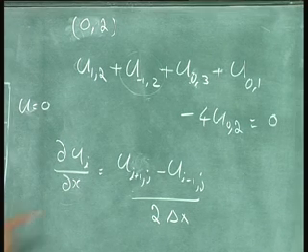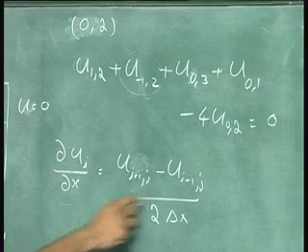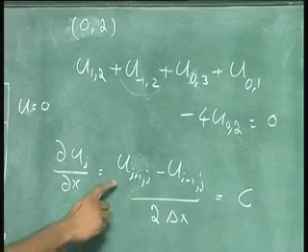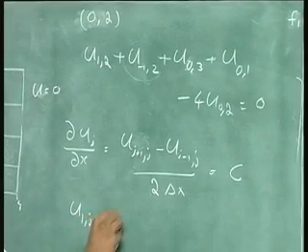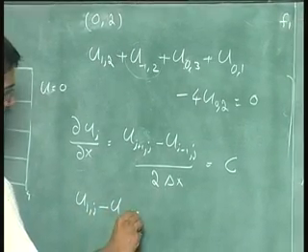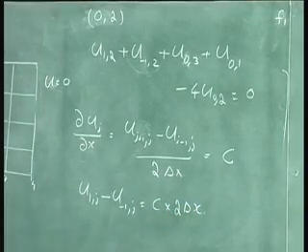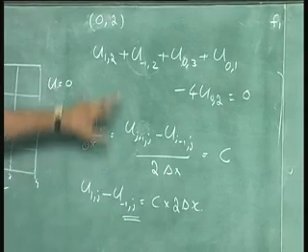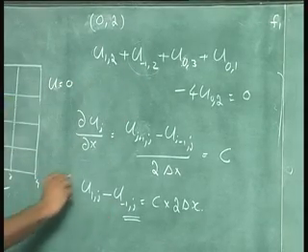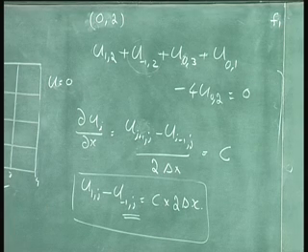For i equal to 0, and this equal to c, I will get u(1, j) minus u(-1, j) equals c times 2 delta x. So from this I can obtain u(-1, j) for all j values, and I can substitute that here. That's one way of doing it, and I can do this for all boundary points. So that's a derivative boundary condition.